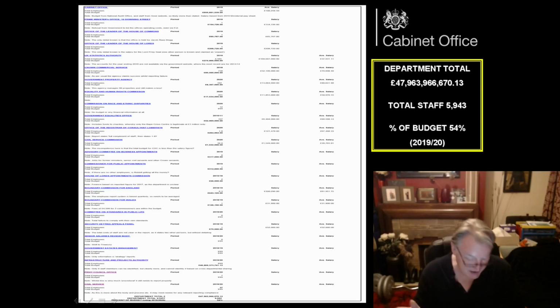And obviously you can tell that there is going to be a problem with the budget because for this it's 54%. Now if you remember, the Attorney General's office was there's 22 more departments to come. Oh, and 212 other offices.